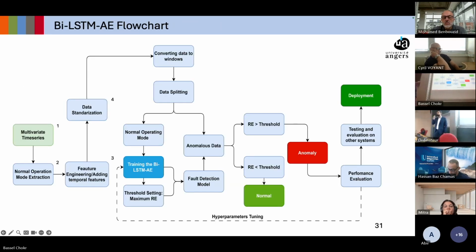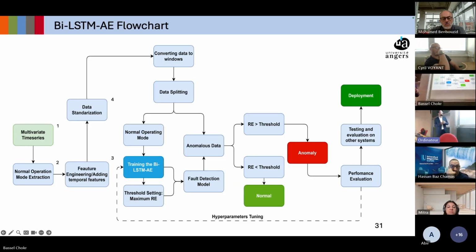Here, in the flowchart of the BiLSTM autoencoder, we are starting with the multivariate time series. We are extracting the normal operation mode, then adding temporal features in order to concatenate this normal operation mode, then converting this data into windows, and then we are training on the normal operation mode, as I already said.